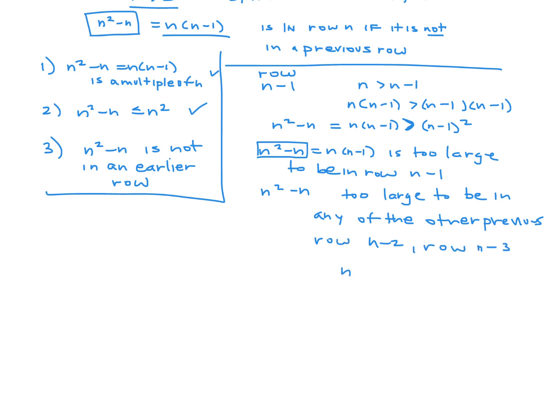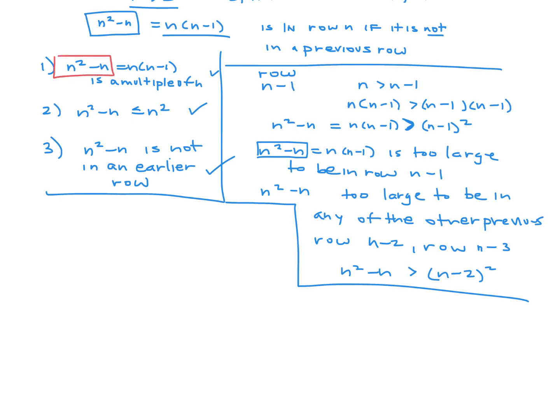Because n squared minus n would be obviously greater than n minus 2 squared. Since it's greater than n minus 1 squared, it will be greater than n minus 2 squared. Okay, so that proves point number 3, that n squared minus n is not in any earlier row. So it's a multiple of n, it's less than n squared, and it's not in any previous row. Okay, perfect. So we got all three for this one.